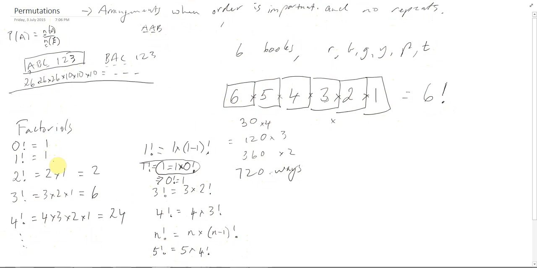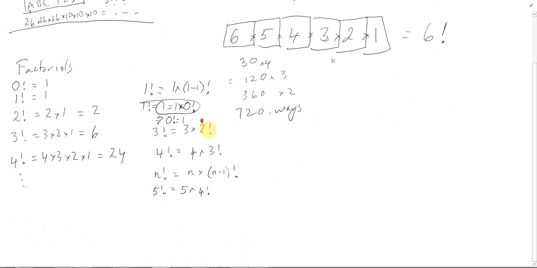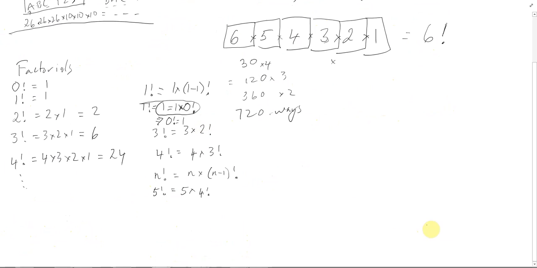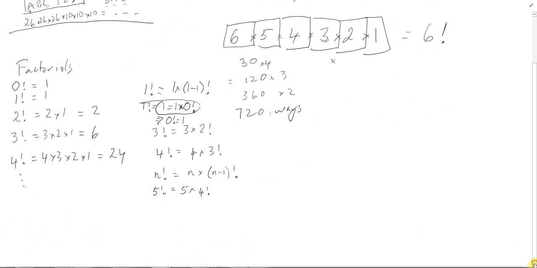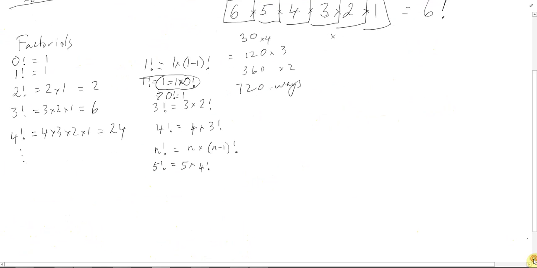So there you go, there are factorials for you. And there are some cool things you can do with factorials. They kind of cancel each other out a bit, which is sort of nice. Let me show you what I mean. Suppose you had a question like this: 8 factorial divided by 5 factorial.